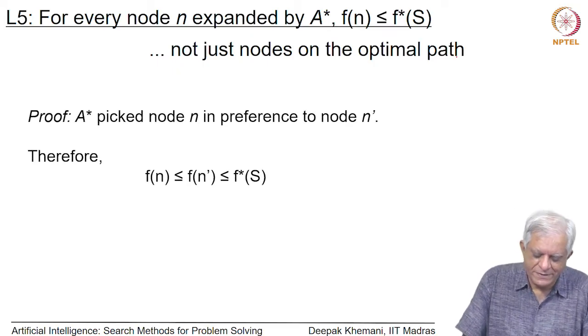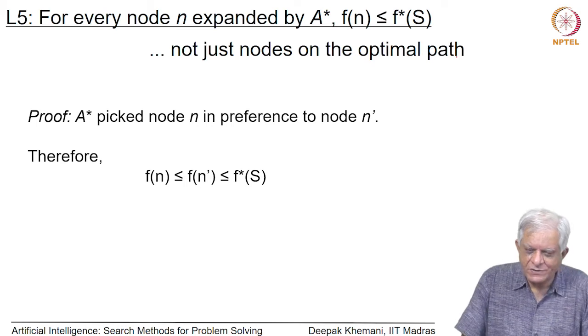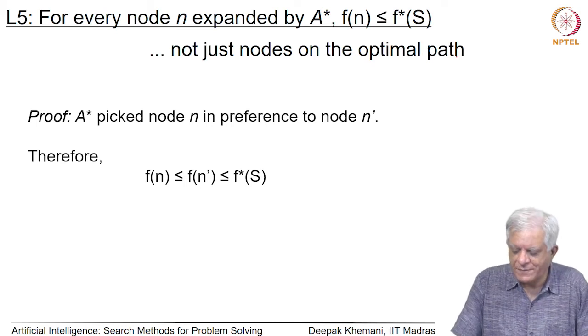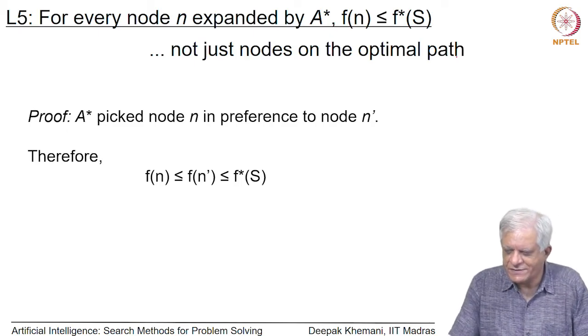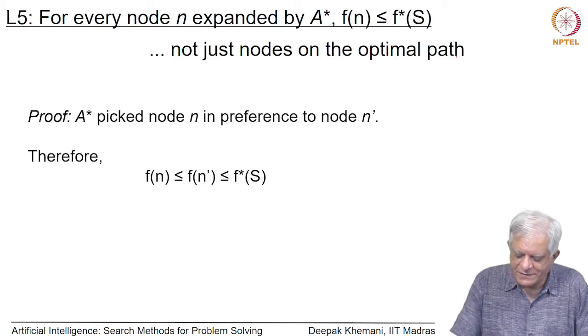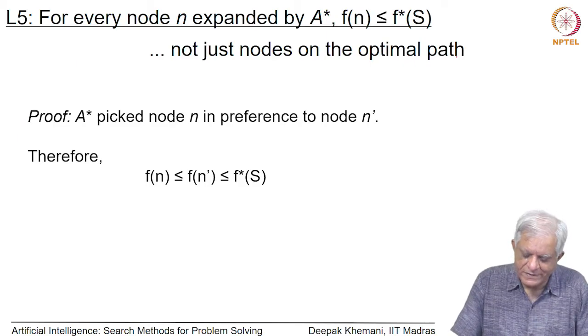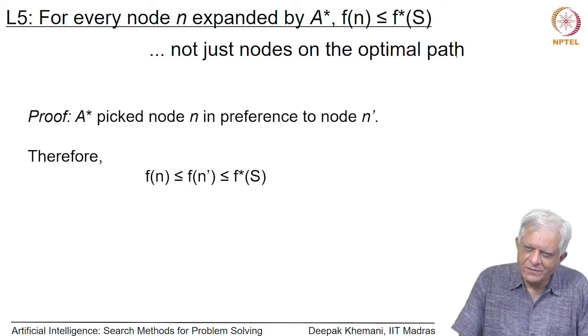The proof is very simple. A star has picked this node n when it could have jolly well picked the node n prime, which we have shown always exists on the optimal path. So, clearly the value of n can at most be equal to the value of n prime, because we have not stated that if two values are equal, what is the criteria for choosing a node.